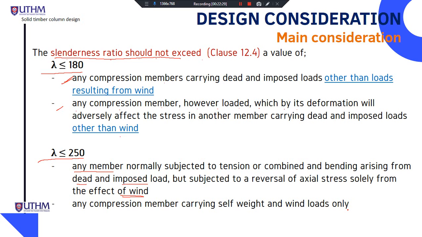So in our syllabus, since there is no wind load, we refer to 180. For less than 180, there is no wind load. Meanwhile, for less than 250, wind loads are to be considered.